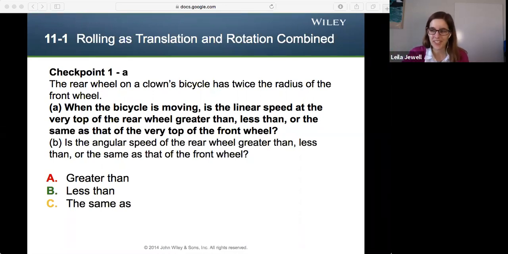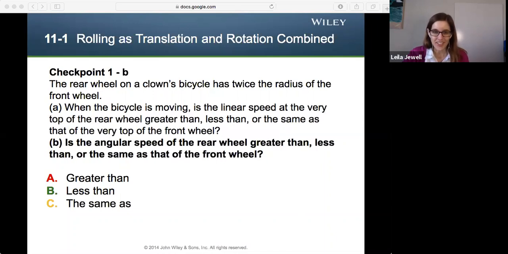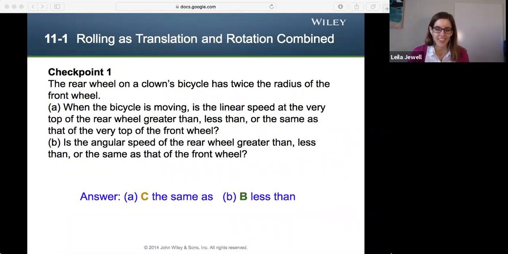Okay, hoping you did that. So let's now check. So the linear speed of the rear to the front is the same, but the angular speed is less. Why is that? Well, first off, we can picture the linear speed. That means how the bicycles are traveling, and we want the bicycles to be able to stay together, right?